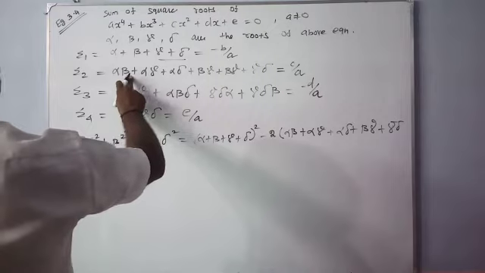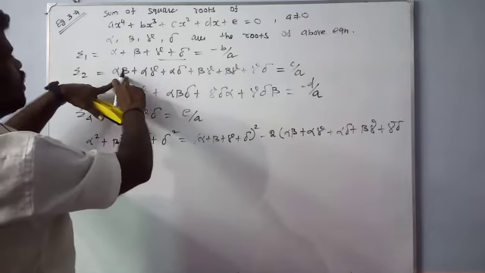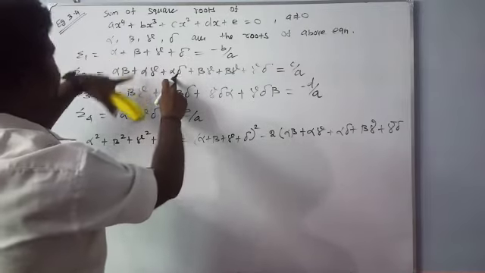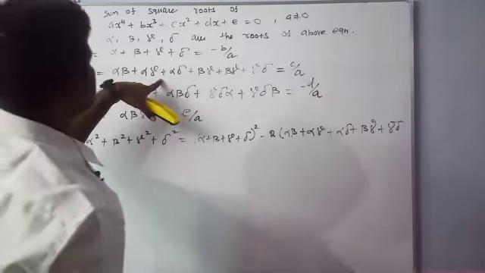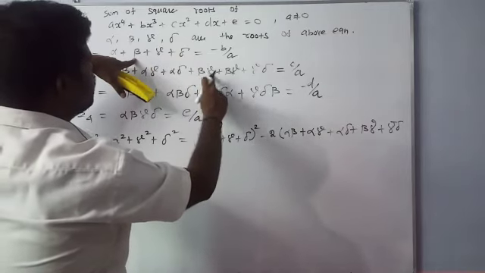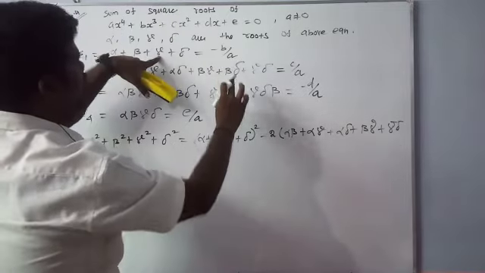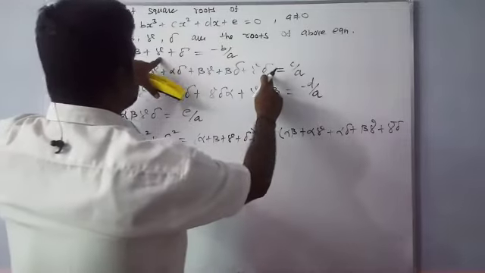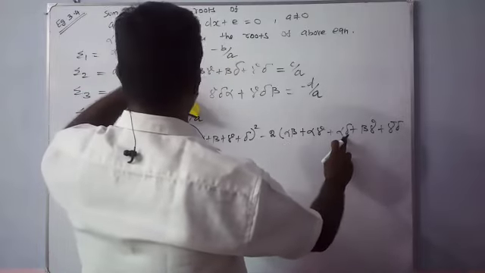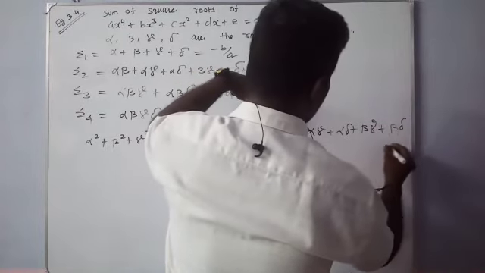Here alpha beta, alpha gamma, alpha delta, beta gamma, beta delta and gamma delta.